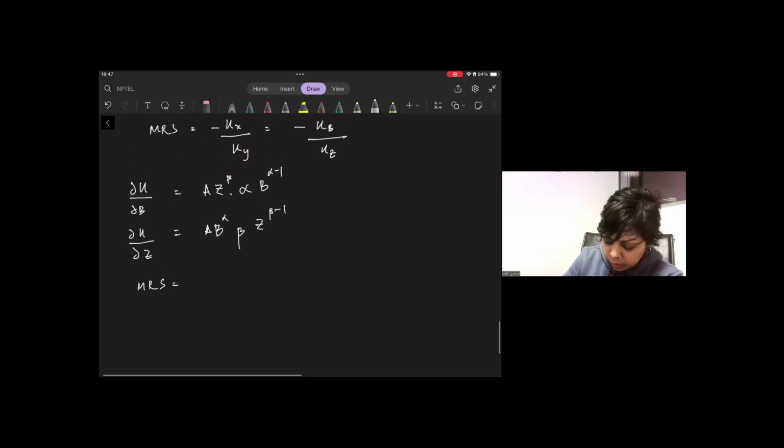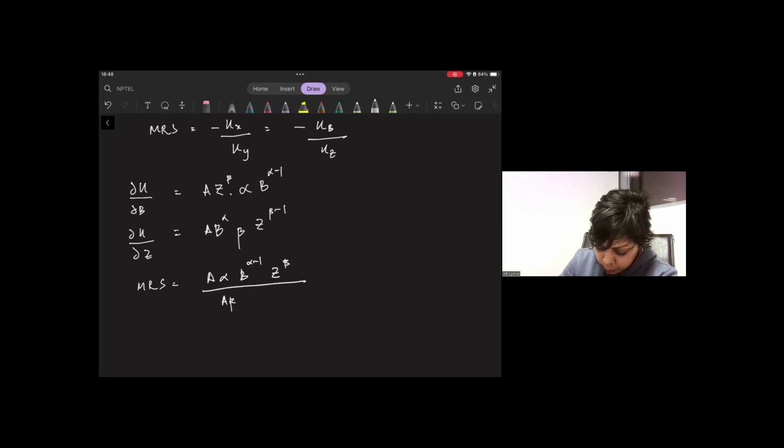So MRS is minus, or for the moment, let's remove the minus because the answer doesn't require us to report it with the minus. Let's see what this comes out to be. A alpha B to the power of alpha minus 1 Z to the power of beta upon A beta B to the power of alpha Z to the power of beta minus 1.